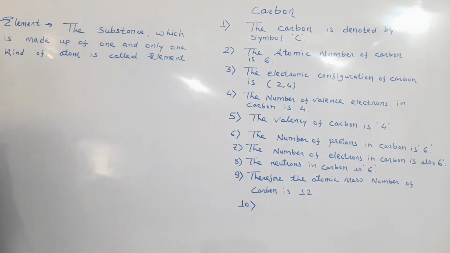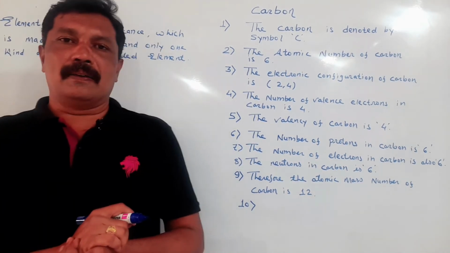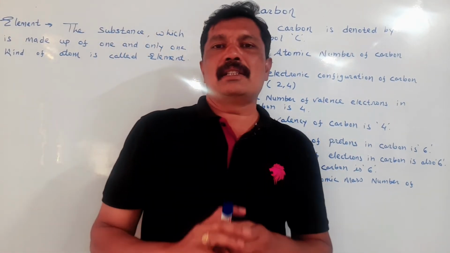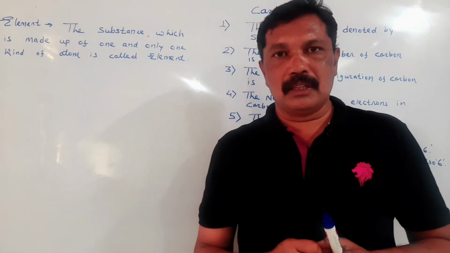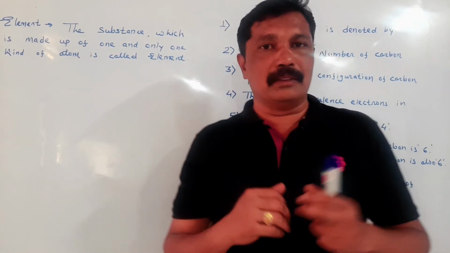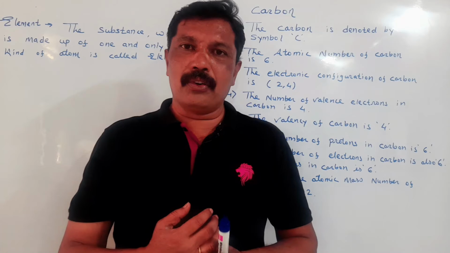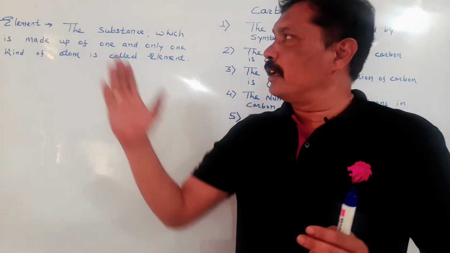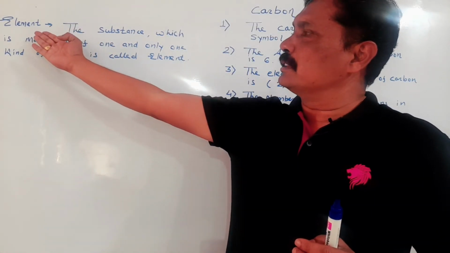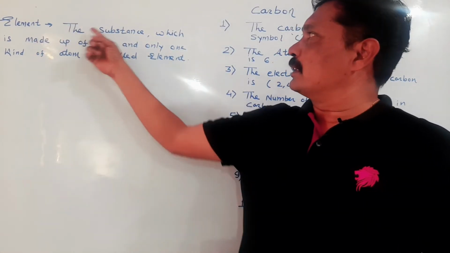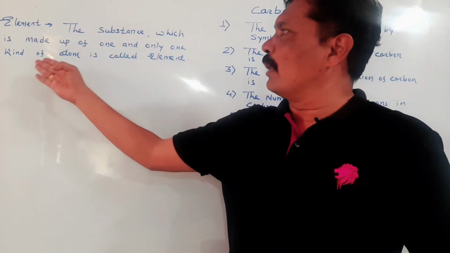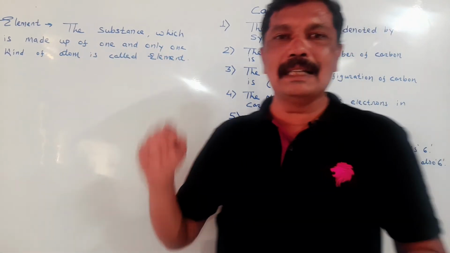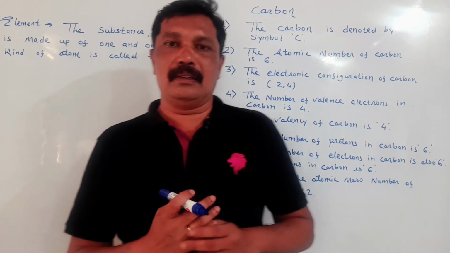My dear student, in 7th standard we were studying all the elements, and therefore the definition taught in 7th standard is regarding elements. The substance which is made up of one and only one kind of atom is called an element.